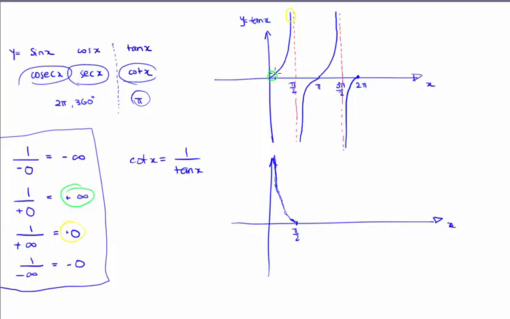But even though this one never hits the asymptote right here, this graph does hit this point pi on 2, because when it goes to infinity, it'll be 0 right here. And it starts with negative infinity right here to the right of the pi on 2. So 1 divided by pi on 2, I'm going to do that in red.